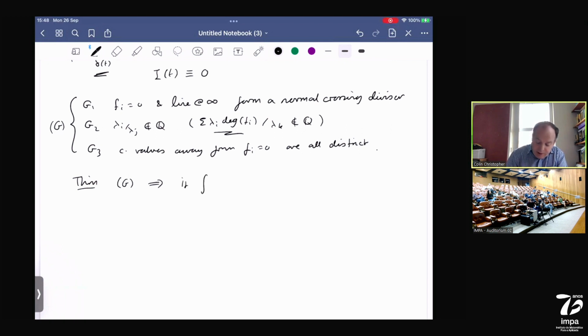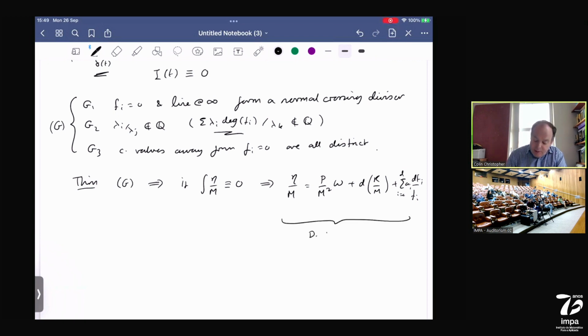If the integral of eta over m is identically 0, then it implies that eta over m is Darboux relatively exact, which means we can write it in the form that Pavel's already given before. So this is the idea of being Darboux relatively exact.